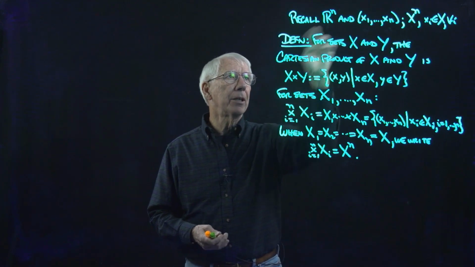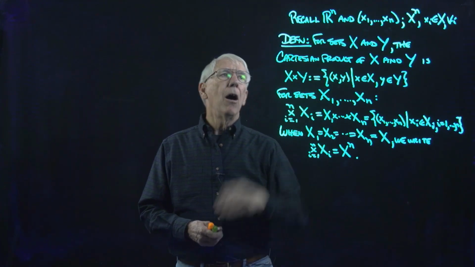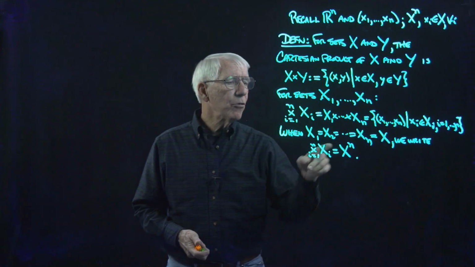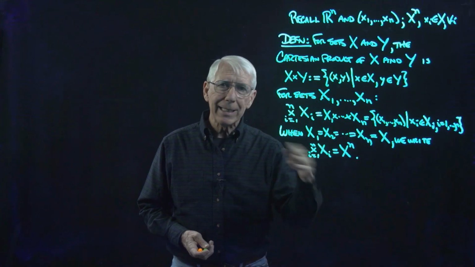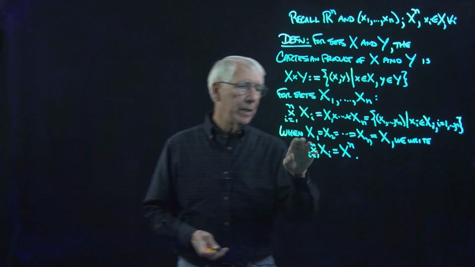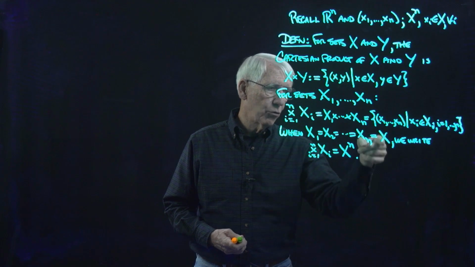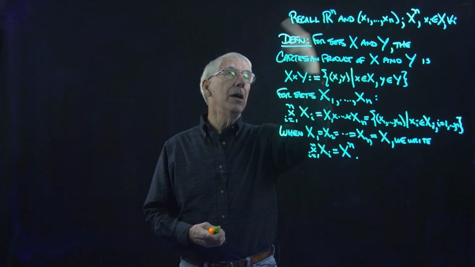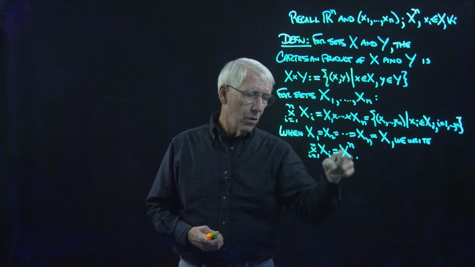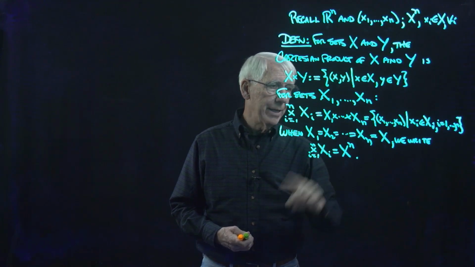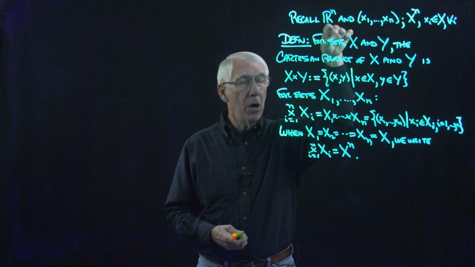And then we're saying, well, R, the real numbers, can play the role of capital X in this script. And when R is playing the role of capital X, then R to the n will be playing the role of X to the n, so it will be the set of all n-tuples where the x's are drawn from R.